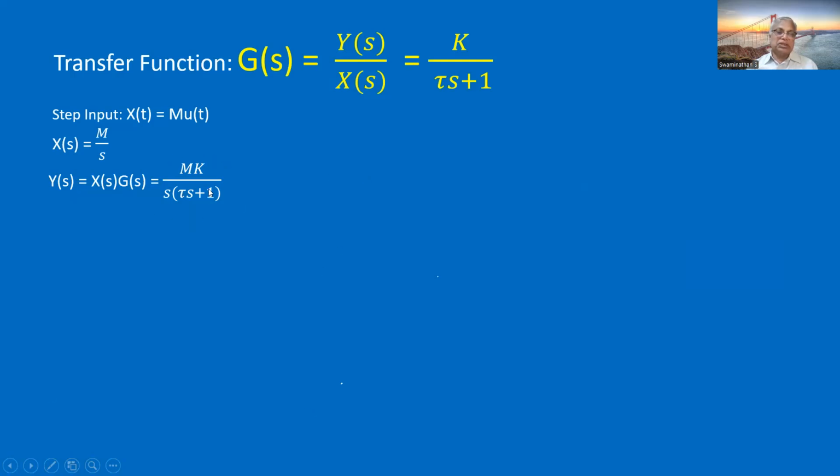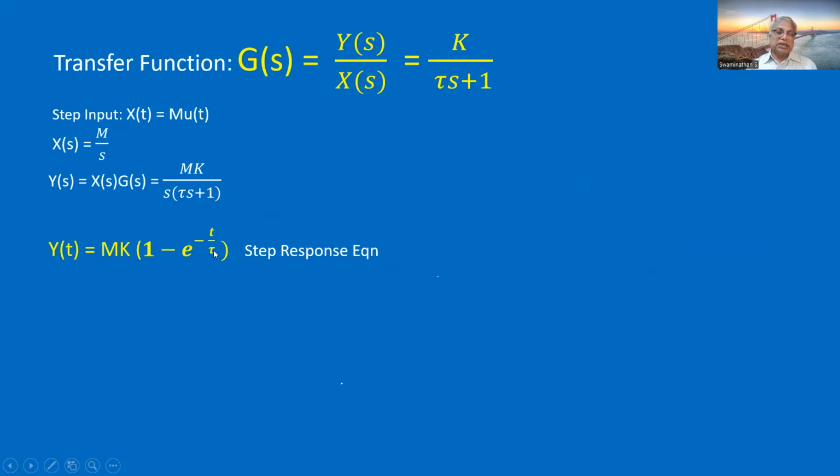How to find the inverse of this, MK by s into (tau s plus 1)? The inverse can be found by the partial fraction method or by any other method. It has been discussed in detail in one of my previous lectures. The link for that is given above as well as in the description below. If you take the inverse of this, you'll get y(t) equal to MK into (1 minus e power minus t by tau).